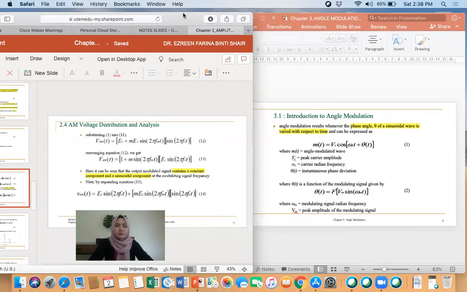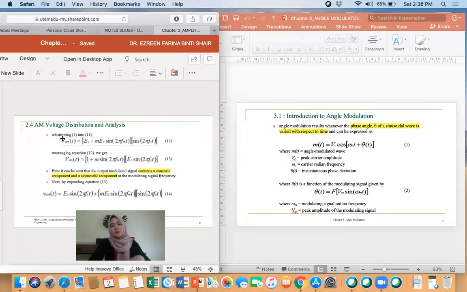But for the amplitude modulation, the amplitude here varies, depending on the modulating signal and also the modulation index. So the input here is actually EC plus MEC.